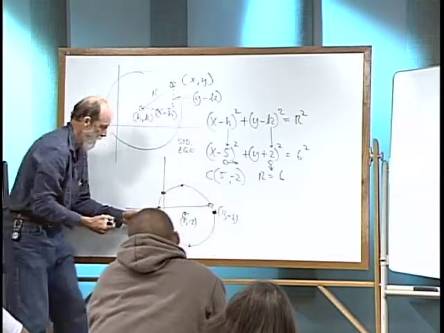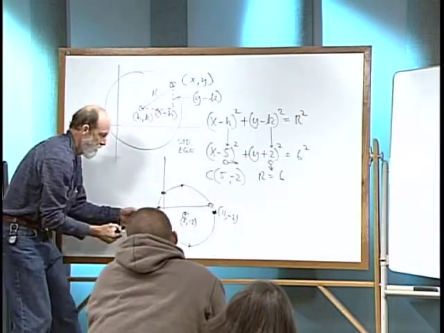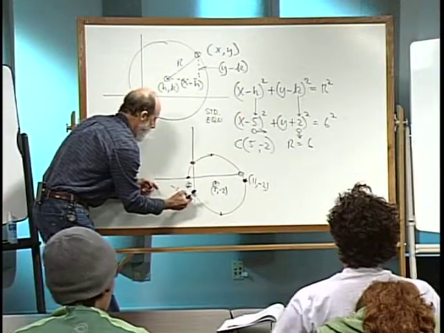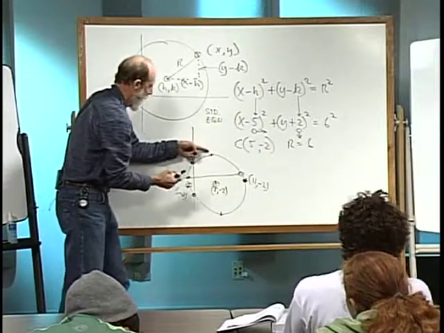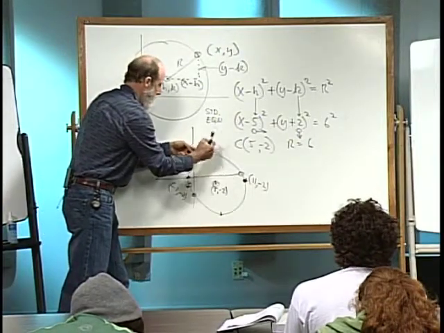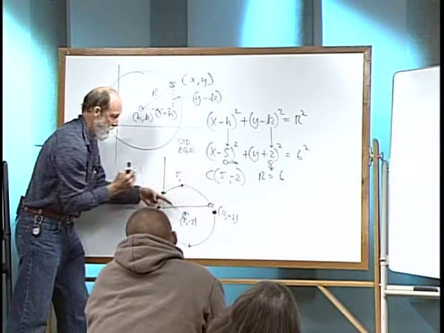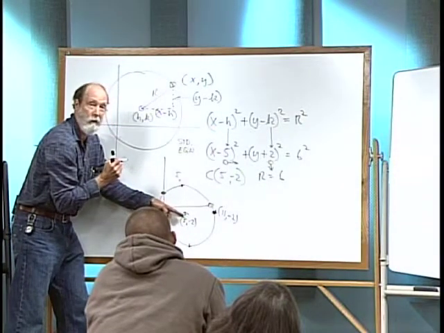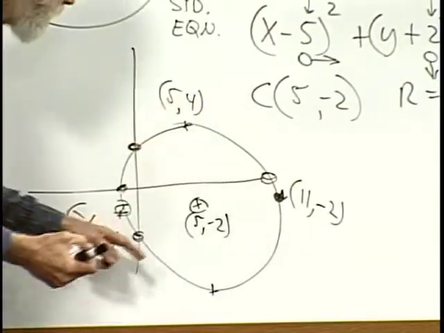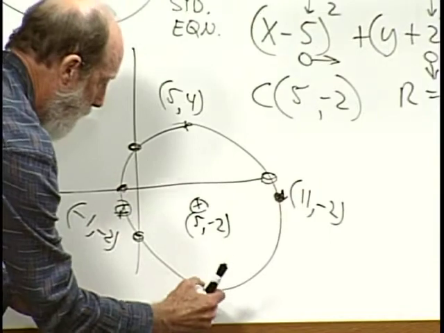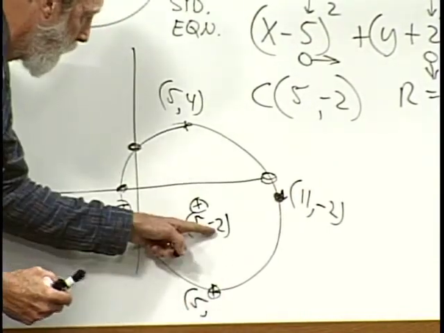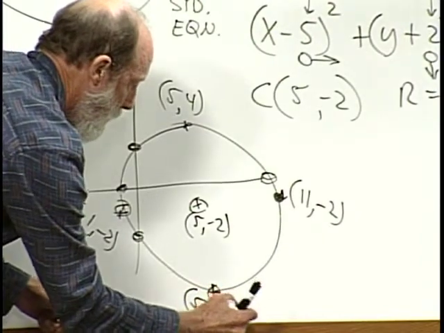And this point off to the left, right down here, is going to be at (-1, -2). And the top, (5, up 6 from negative 2 is 4), right? And then down, we're still at 5 at the bottom of the circle. (5, 6 below that is -8). Okay.